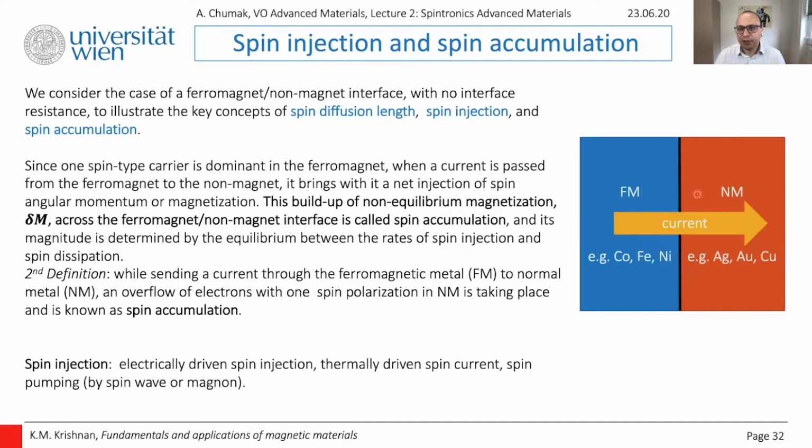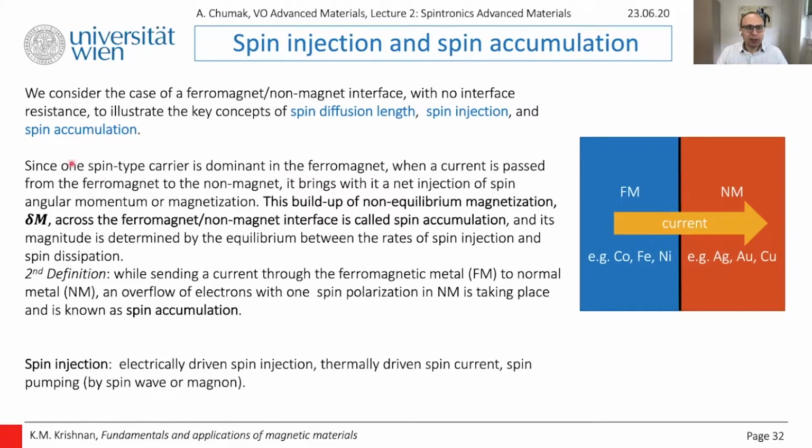Then you also will inject spin current. Or there is the so-called spin-Seebeck effect. So if you create a thermal gradient across the interface, you also will create and inject a spin polarized current into the normal metal. But these two we will discuss later. Today, let us speak about the classical approach when we send current through this interface.